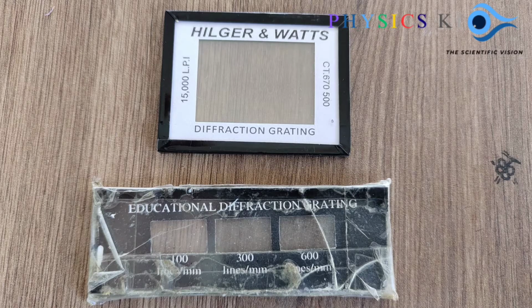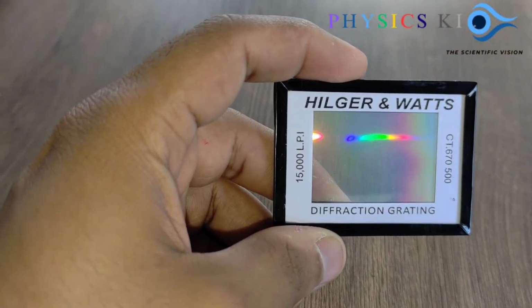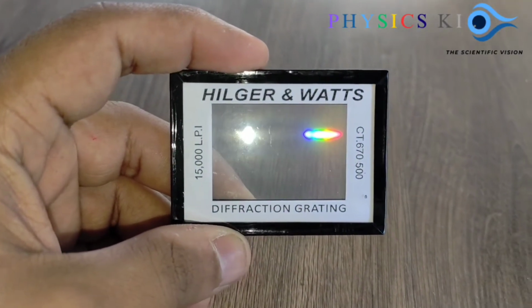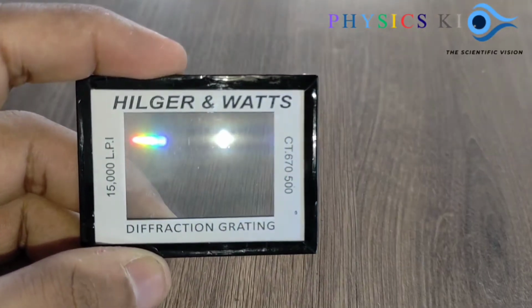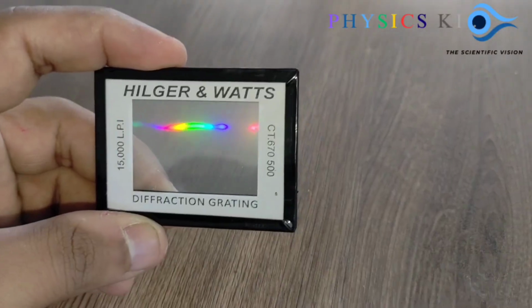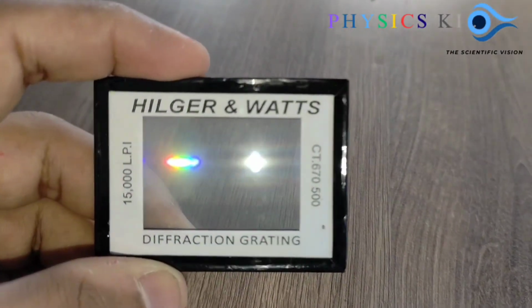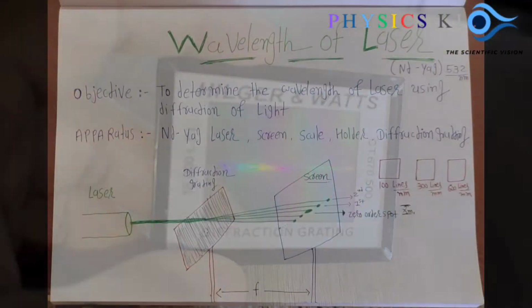Each line is opaque and the rest of the material is transparent. Due to these opaque lines you can see different phenomena using the diffraction grating. Every time light hits those opaque lines, the light will bend and we can see the diffraction of light.